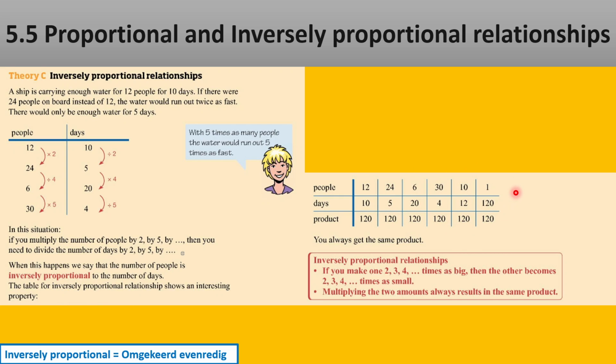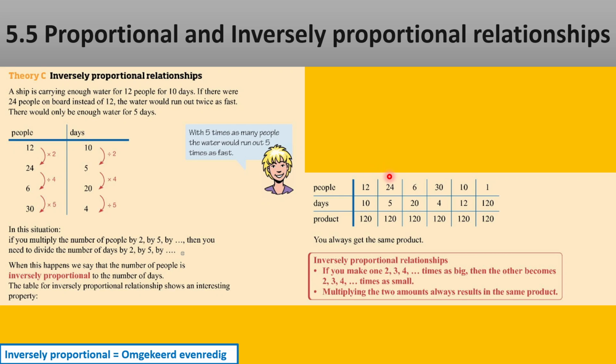And they ask about this in a few exercises, I think: if I multiply the two things, so here 12 people and 10 days, I always find the same product. Remember, a product is things times each other, right? Product is dingen keer elkaar. 12 times 10 is 120.